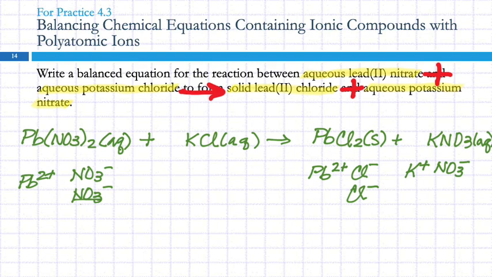Just 1. I could balance the nitrogen and the oxygen separately, but in a reaction like this, the NO3 stays together, so I can save a little time in thinking by just keeping it together and balancing it as a bundle, right? So I've got 2 of them over here. That means I need 2 of them over here. Well, if I get another nitrate ion, that's also going to give me another potassium ion if I have 2 of those. Any questions?